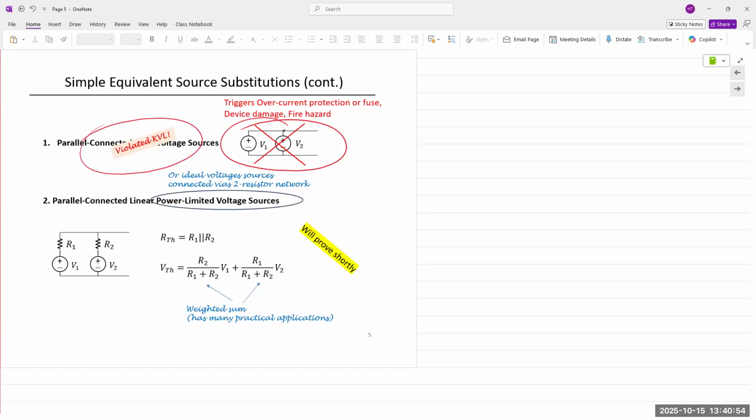It violates KVL, right? It would not work. If you have a loop with 1.5 volts and the same loop also has a voltage of 3 volts, the sum of the voltages does not add up to 0. And so that would not work.